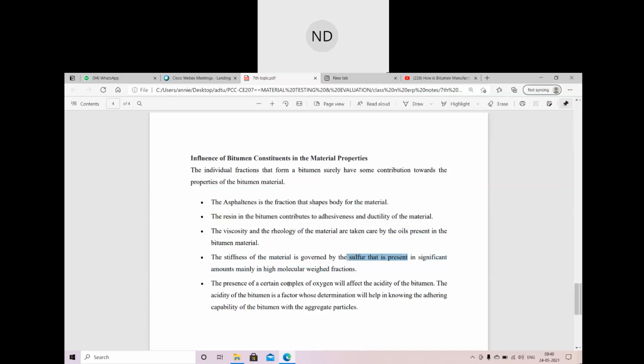Then the oxygen complex will take care of the acidity of the bitumen, which shows how good your bitumen is, and also how well it can bind and mix with aggregate particles.